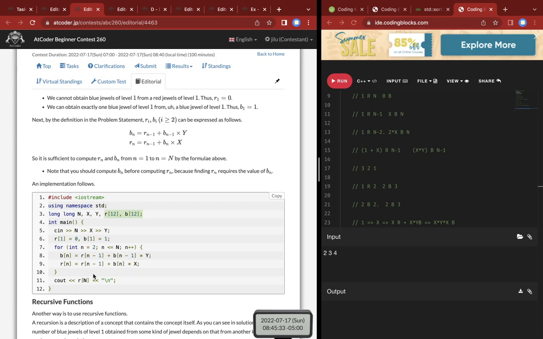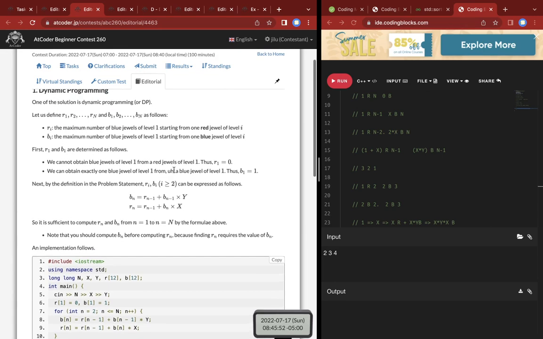So, yeah, that was pretty clean. Why did they print out R of n? Okay, that is the question, right? R of n. So, yeah, this was the crux.